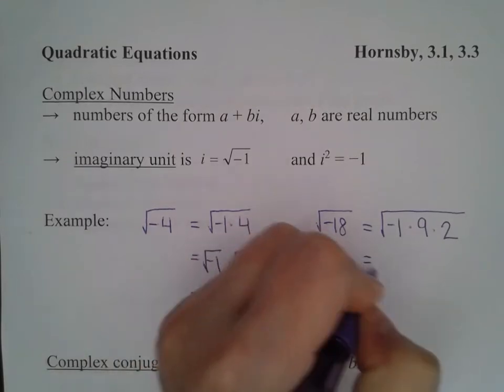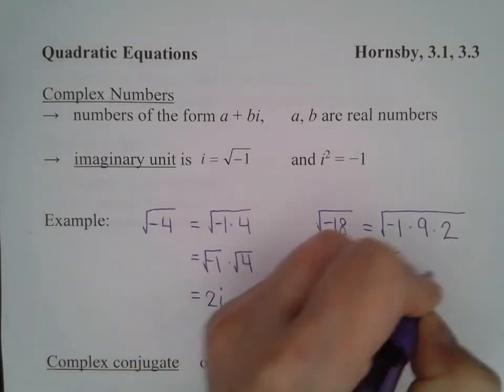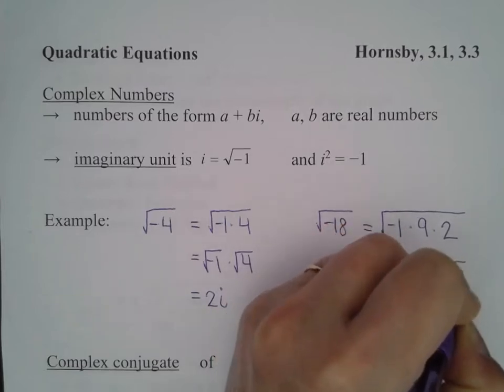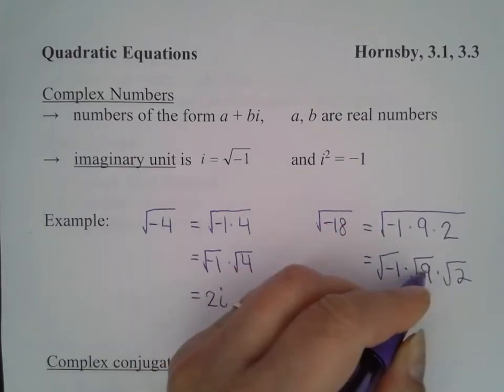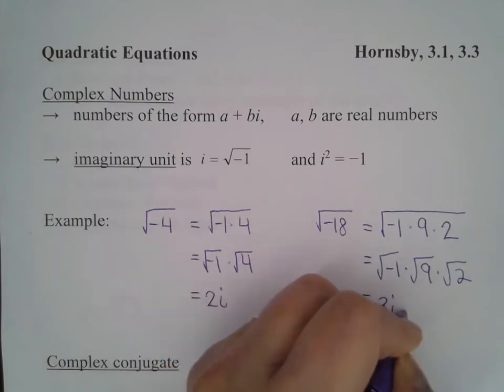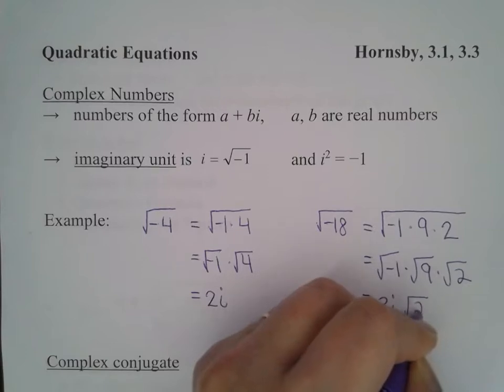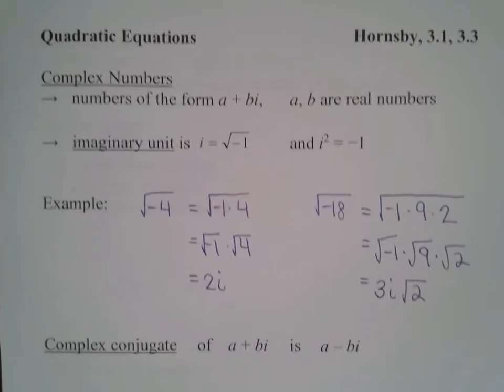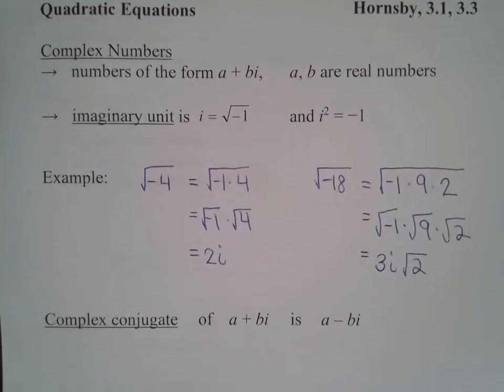Okay, so that means we're allowed to break up the square root. The square root of 9, we know that's 3. The square root of -1, that's our i. And then we can't take the square root of 2 evenly, so we leave that under the square root. There are lots of ways to do this process where we take the square root of a non-perfect square and bring things outside. So whatever you've learned is definitely okay to use in our class.